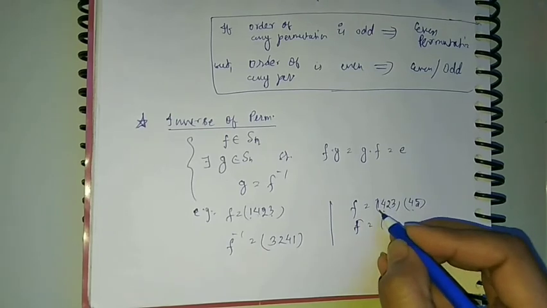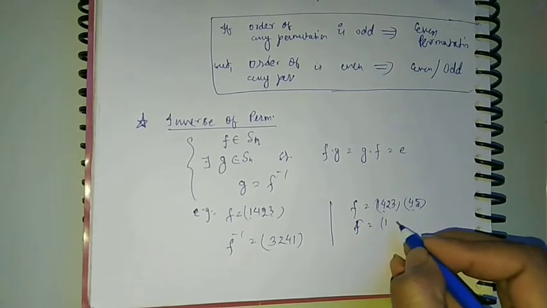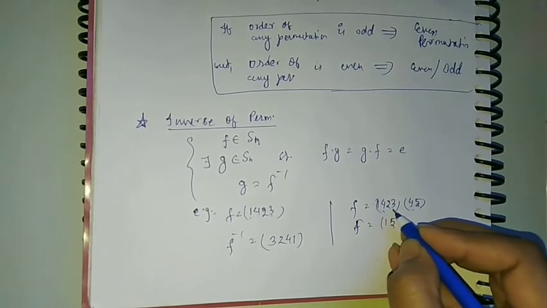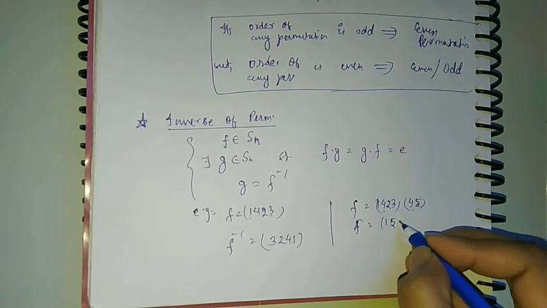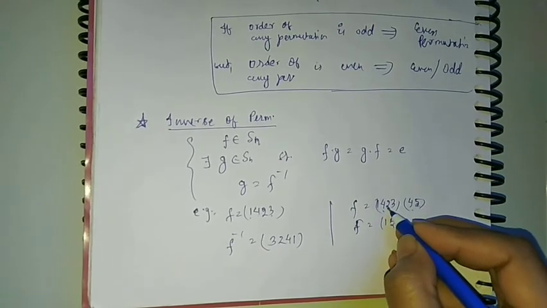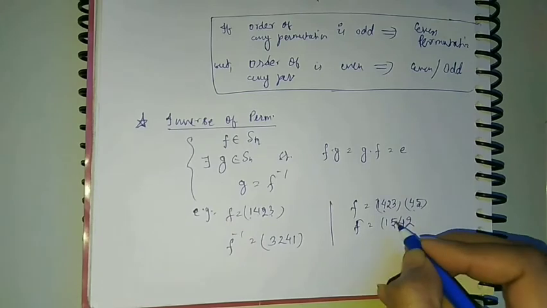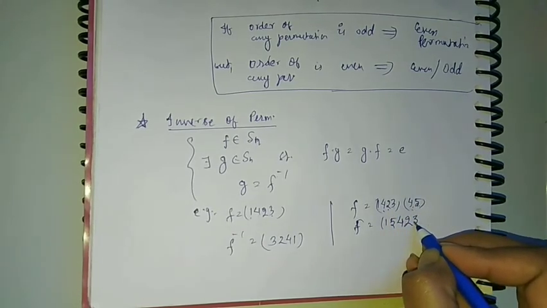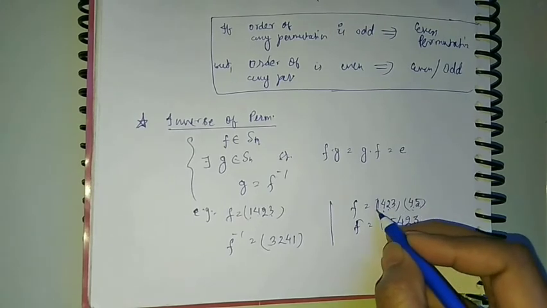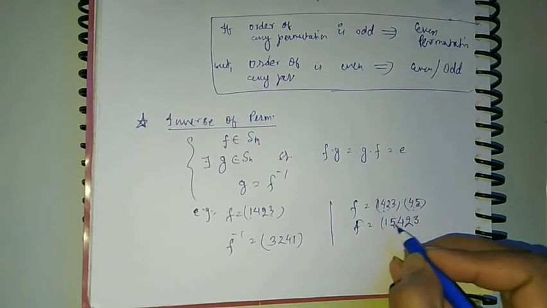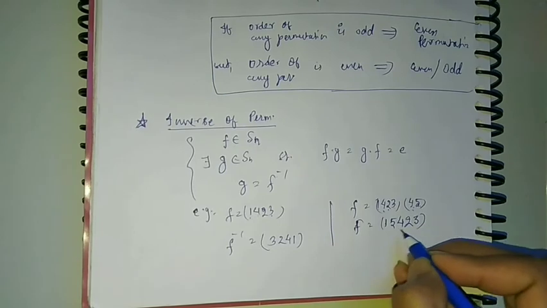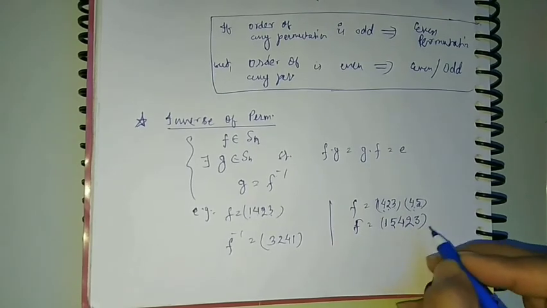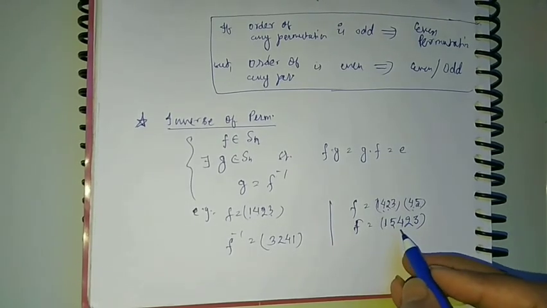Write 1, the image of 1 is 4 and the image of 4 is 5, so write 5. Image of 5 is 5, image of 5 is 4, so write 4. Image of 4 is 2, image of 2 is 2, so write 2. Image of 2 is 3, image of 3 is 3, so write 3. And image of 3 is 1, image of 1 is 1, so write 1. 1 is already here, so close it. 1, 2, 3, 4, 5, all the elements are here, so this is complete.